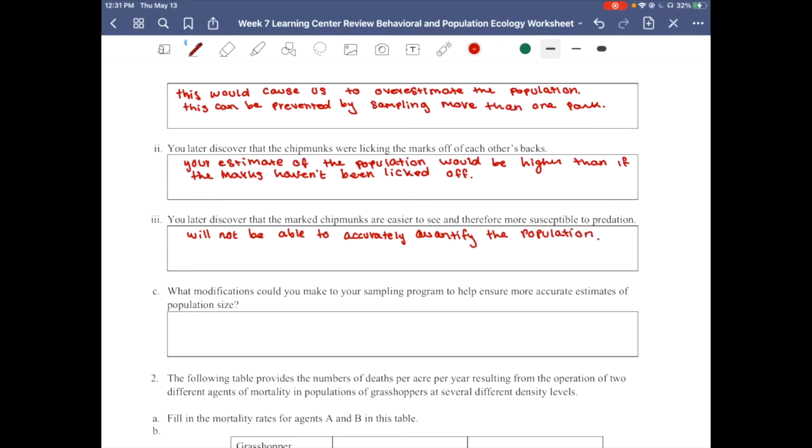All right, and then finally, what modifications could you make to make the sampling program more accurate? What do you think would make this experiment more accurate, thinking about what we've talked about and what you previously know about accuracy?